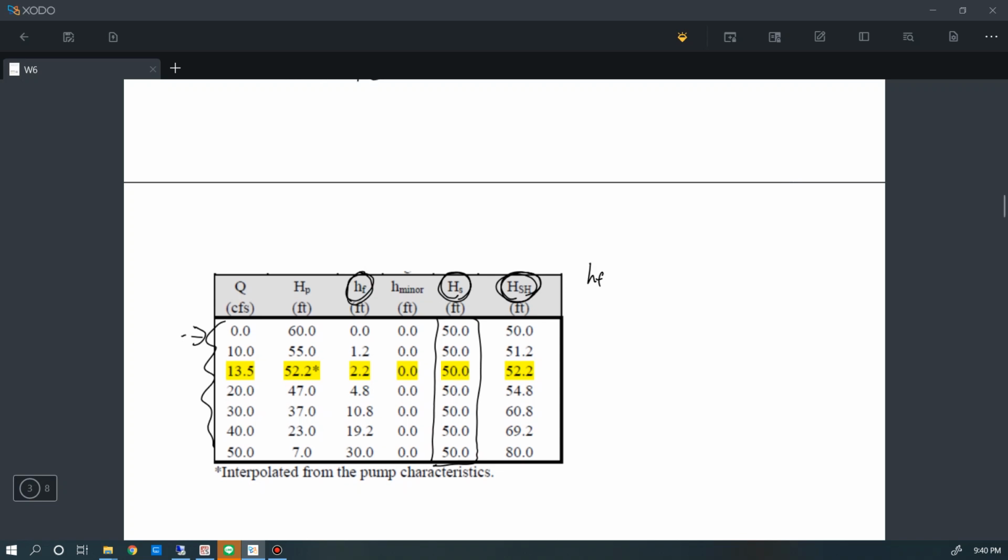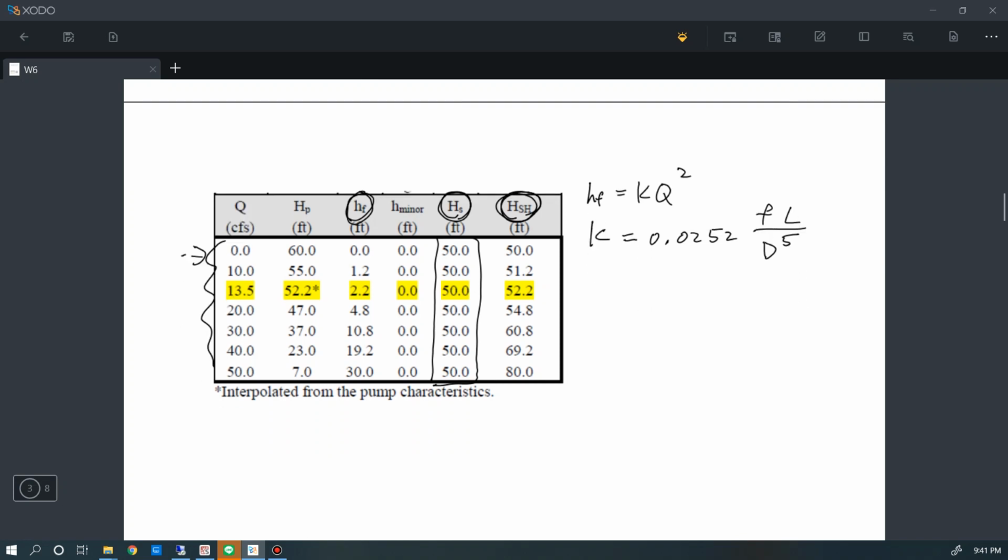This HF is equal to K Q square, and K is equal to 0.0252 times F times length divided by the diameter of the pipeline to the power of 5.